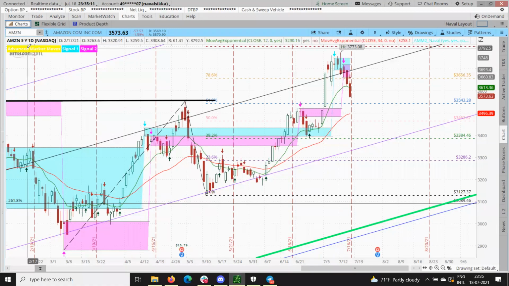So the market right now, I'm explaining from the point of view of the FOMC. FOMC has started tapering, meaning now they are doing the bond buying program, meaning they are selling the bonds and they want to get money back from the market.